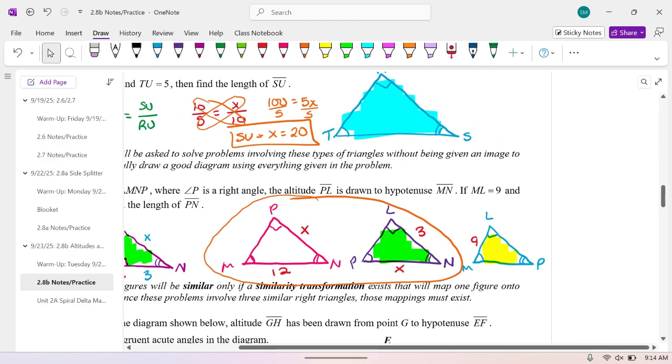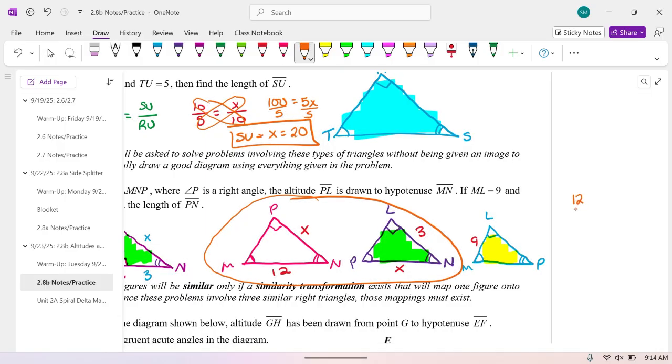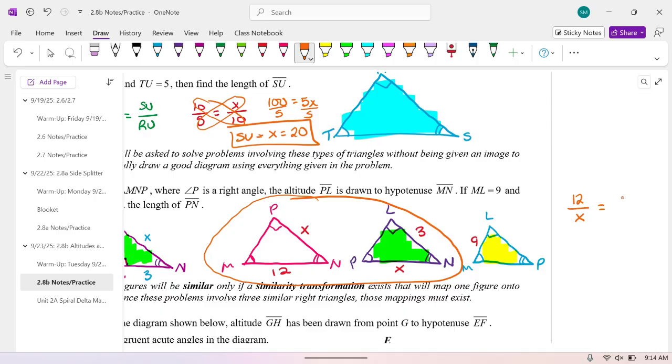All right. So let's set this up. If I start with my 12 on PMN, so the white triangle, what's its corresponding side on the green triangle? X. So its corresponding side on the green triangle is X. That'll be equal to X on the white triangle.